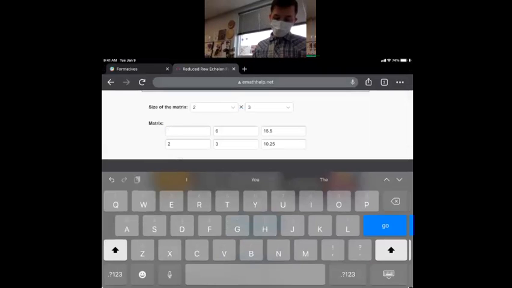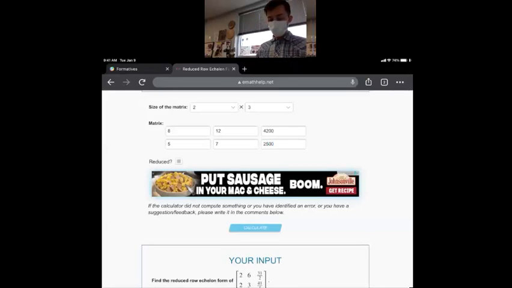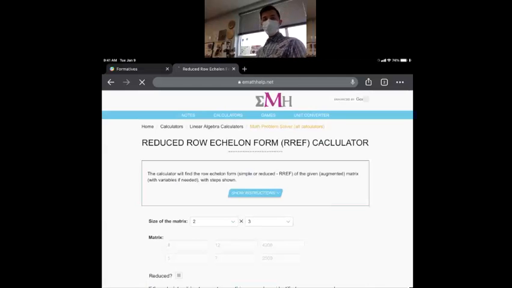values. That was 8, 12, 4200, 5 and 7, and then 2500. Put your little calculate parallelogram down there, like the computer noises in your head.